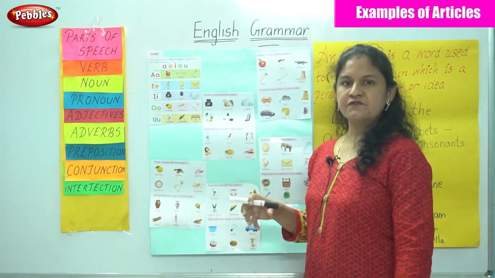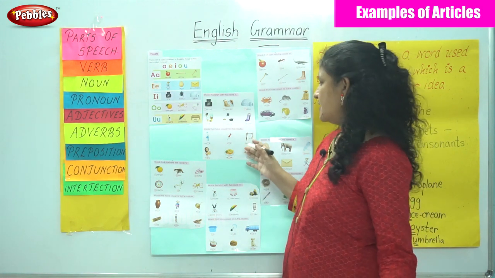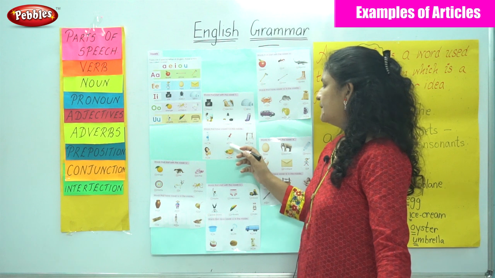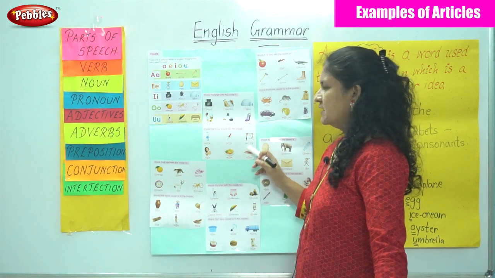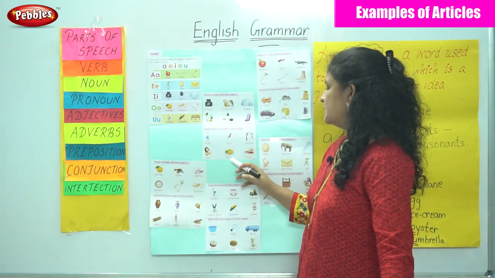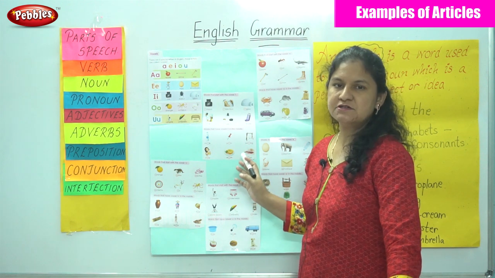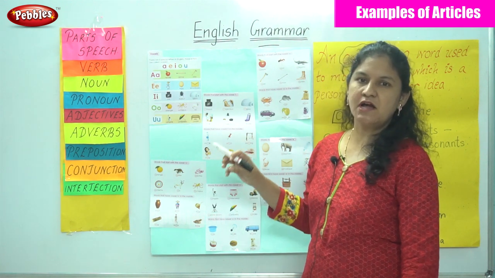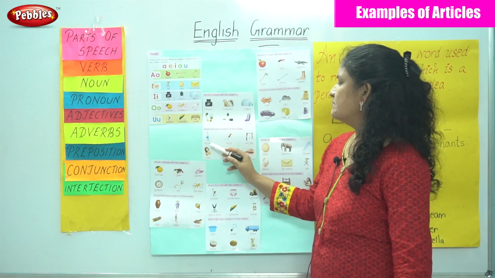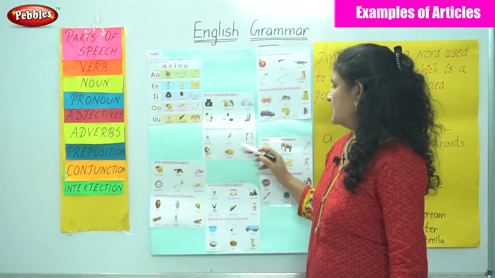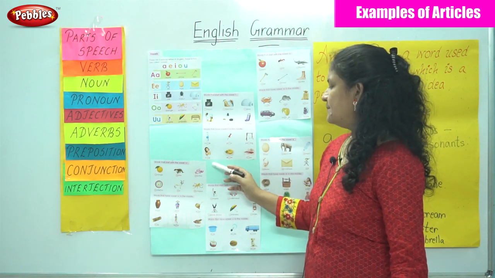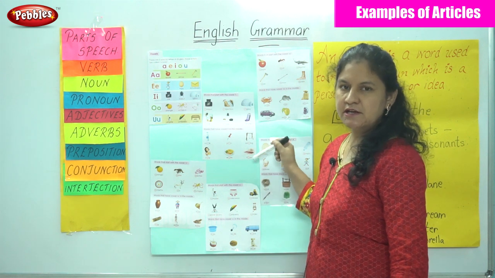And words that have the vowel I in the middle are milk, pin, swing, sip, dish, lips.